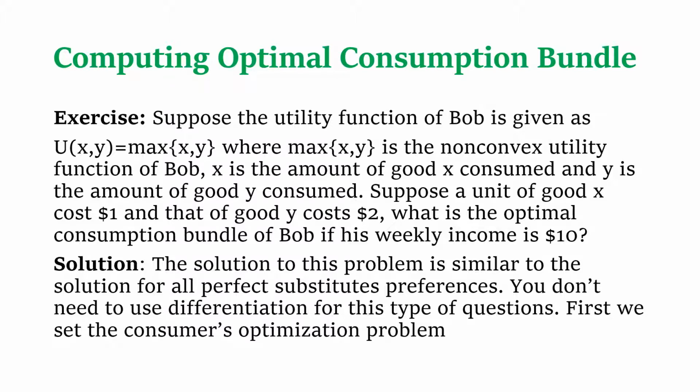Now, you see, for all non-convex preferences, the utility function is represented as what? U of xy equals max xy. So that is to say, for the two commodities, the consumer is going to look at the maximum, the good that gives him the greatest amount of satisfaction, the greatest utility.